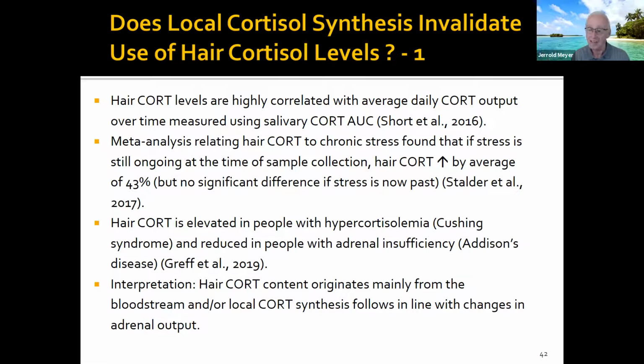So that's possible. We can't theoretically rule it out. But either way, if we take all this together, it gives me reasonable confidence that cortisol in your hair is not only sensitive to stress, but it's sensitive to stress because it's mainly tracking changes in your circulating cortisol produced by your adrenal glands.